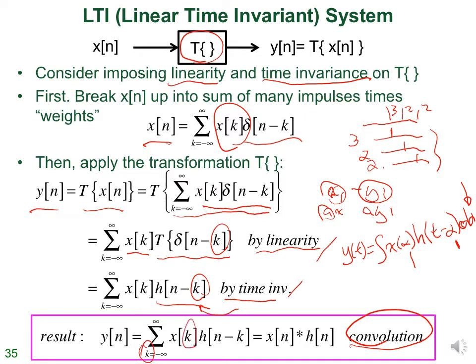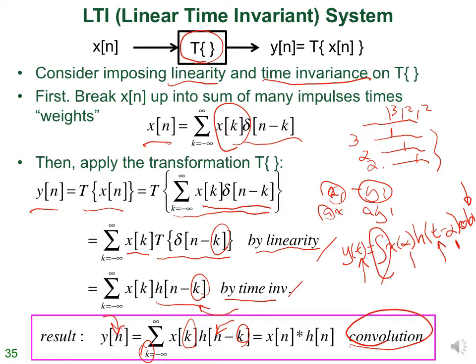And finally, the answer is y of t, and we see that t is the leading term in h. And so that corresponds to the n for y of n being the answer, and the n is the leading term in h. And so it has the same form as convolution in time, but now instead of integration, of course, we have summation for discrete time.